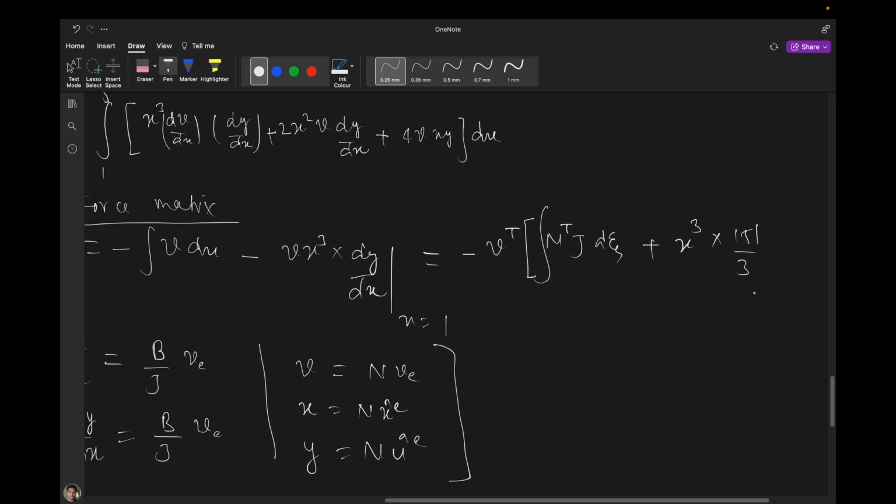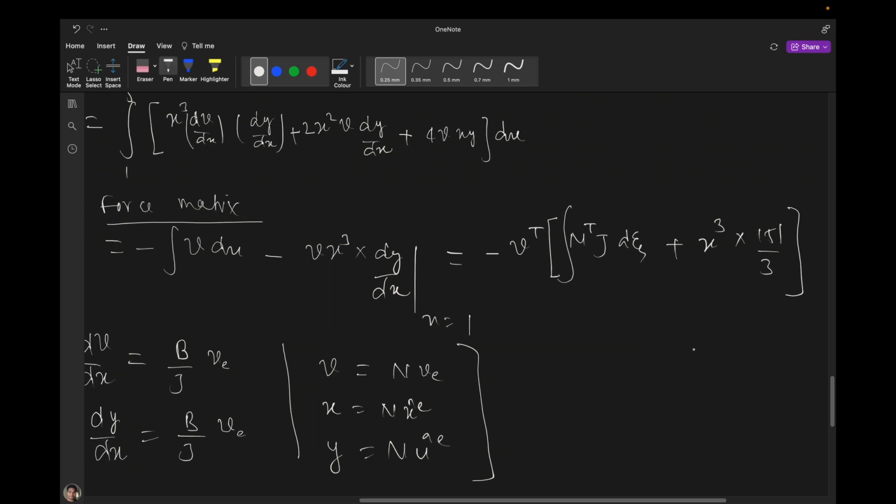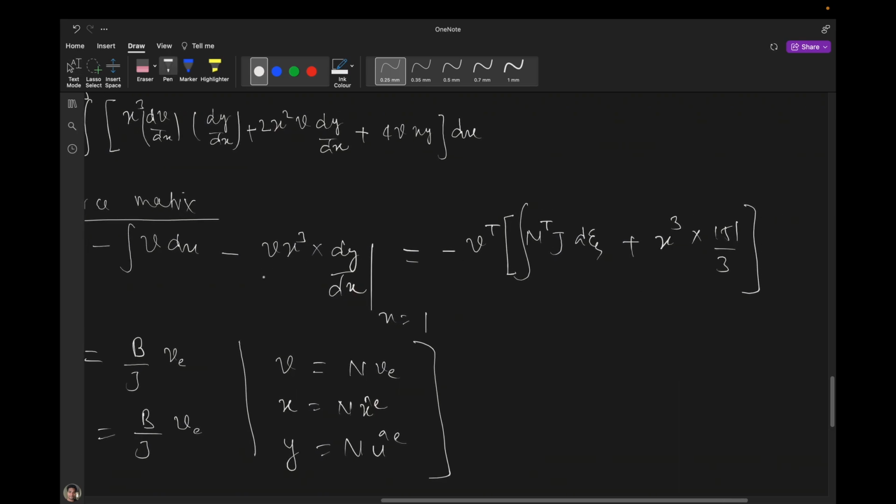And because of this V, the N transpose will also come here. Tell me, is it correct or not? Yes, sir.